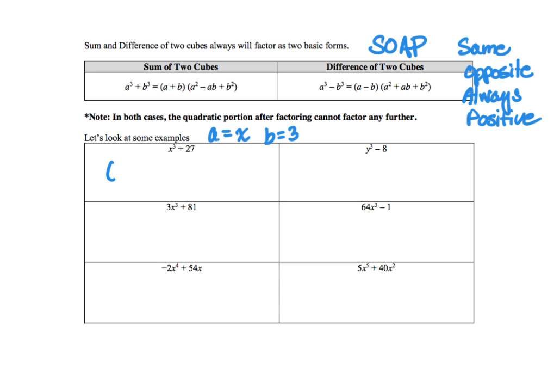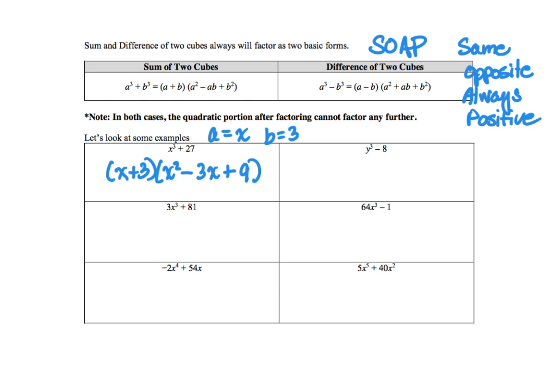So this factors as x plus 3, that sign's the same, times a squared, which is x squared, opposite, minus, now a times b, that's 3x, and then the last one, always positive, b squared. So that's how that factors.